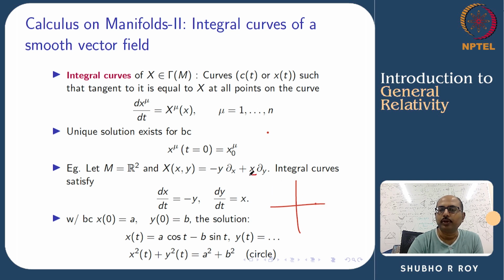The entire component is along the y direction, something like this. Similarly, on the y-axis, its component will be along the minus x direction. And as you can see, here it will be something like this, here it will be something like that. And the smooth curve for which these are all tangents is going to be the circle. Okay, intuitively it is also clear.